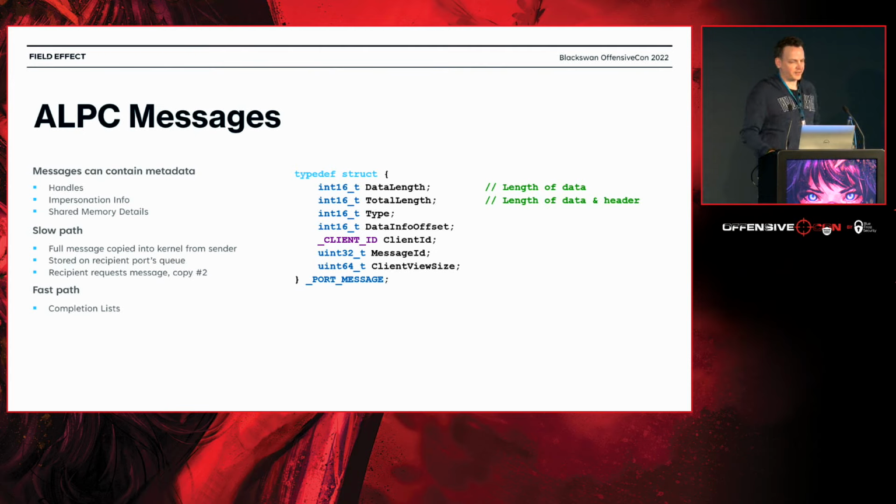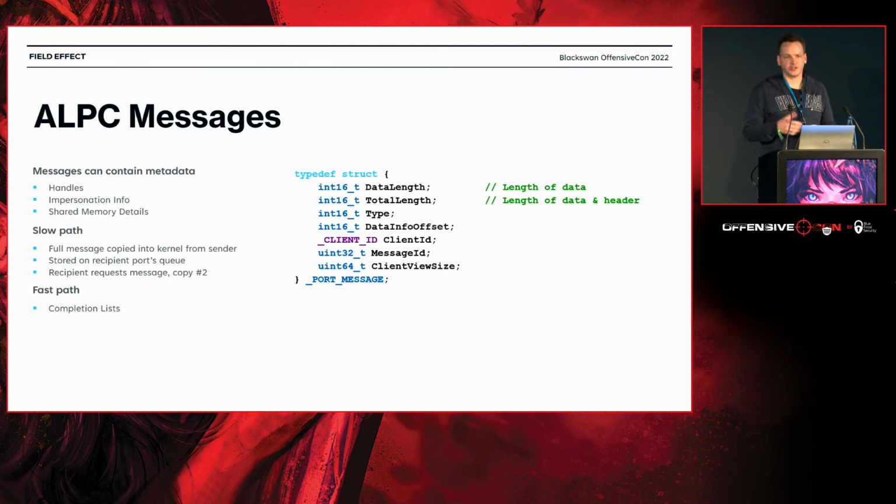If they thought the header might change size, old code could still handle new additions if messages were changed in the future. And besides just opaque data to the kernel, messages that are exchanged can also handle a bunch of different types of metadata. So client and server can exchange handles to different things on Windows.